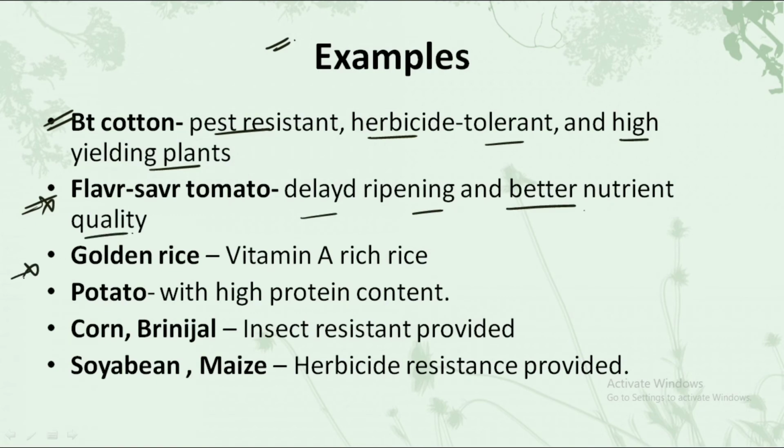The third one is golden rice, which is very rich in vitamin A. Then we have potato that has also been transgenically produced with very high protein content. Then we have corn and brinjal with insect resistance provided. The last one is soybean and maize, in which herbicide resistance was provided as a result of the transgene or as a result of improving their qualities.